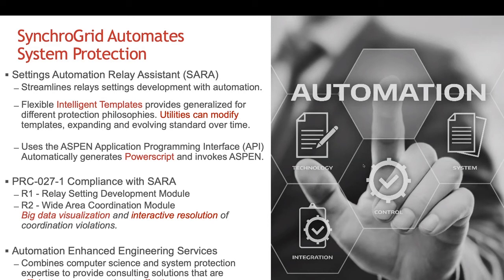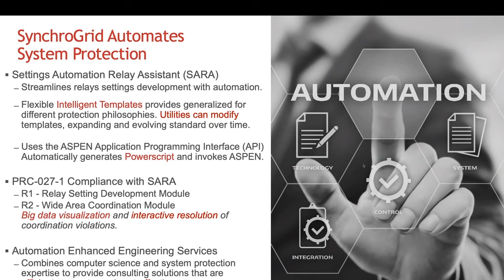We're working increasingly with a lot of utilities to address BRC 27 compliance. We have a relay settings development module, which is what we'll show today, that is wonderful for addressing R1 compliance and helping standardize a process for relay settings development.